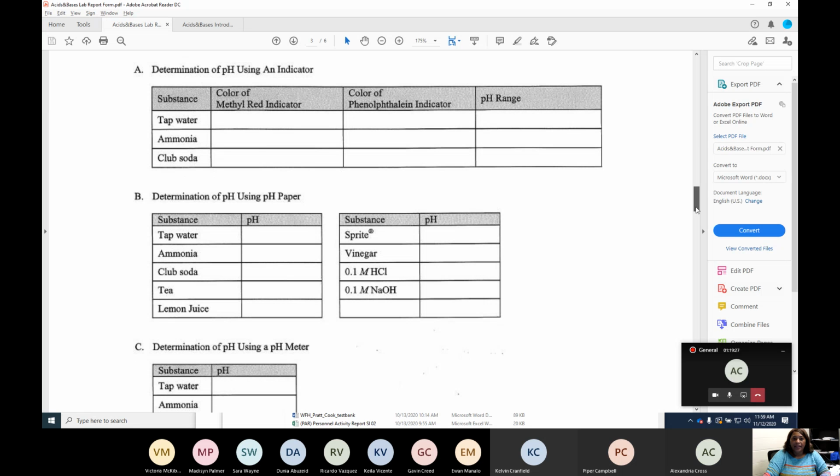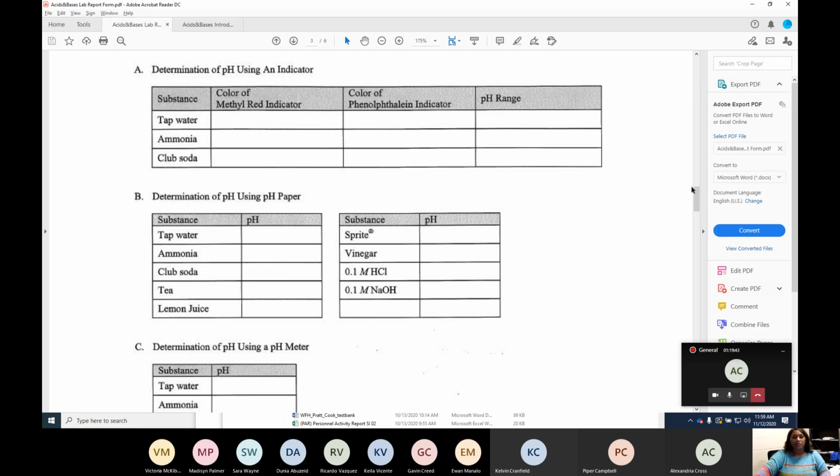Okay. The indicator and the pH paper, with the indicator you're going to have a range. So your answer for a pH range should say, for tap water, and I'm just throwing out a hypothetical value here, I'm not saying that this is the correct answer.